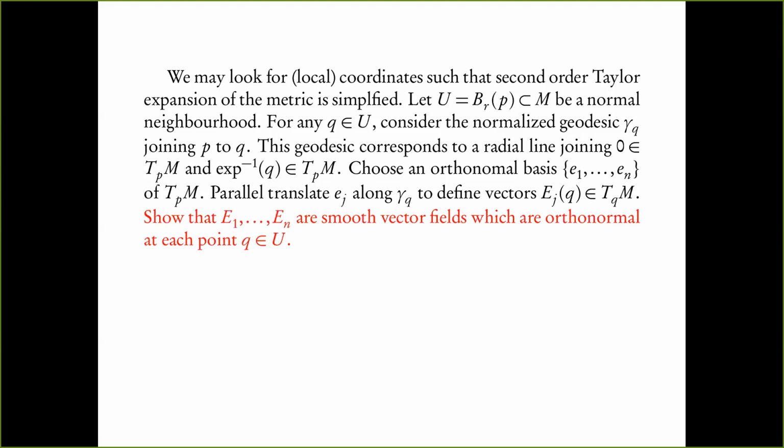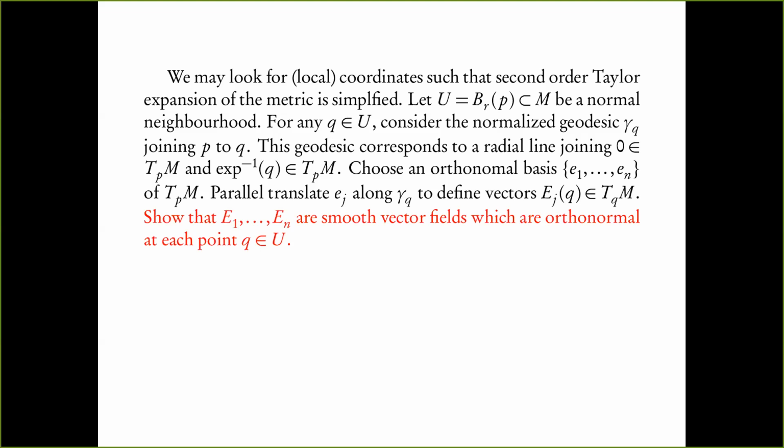The definition of Ej is clear. It exists by parallel transport and so on. So what you have to show is that the Ei's are smooth vector fields and they're orthonormal at each point.